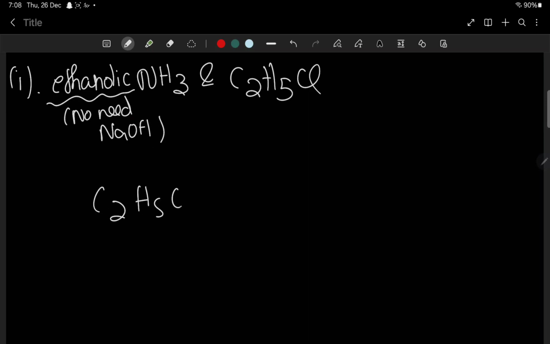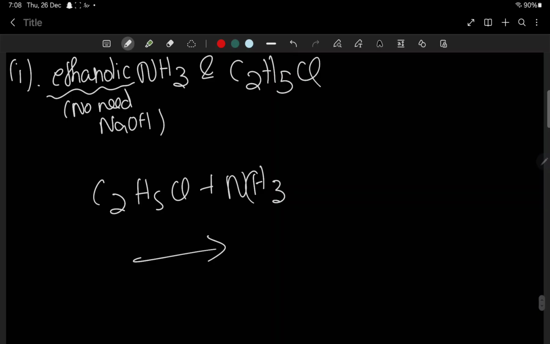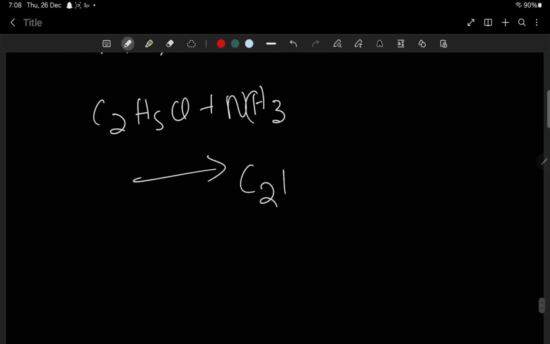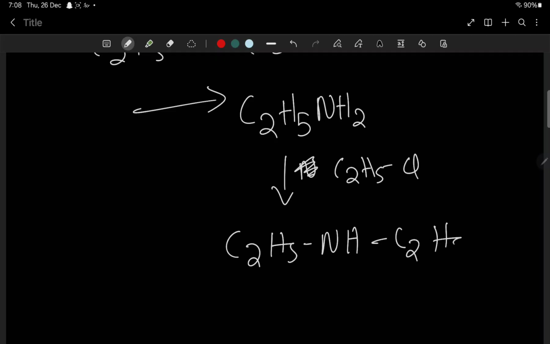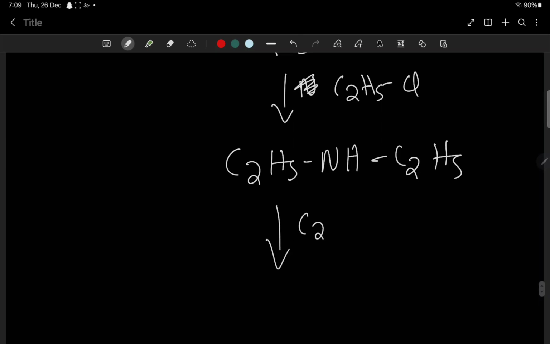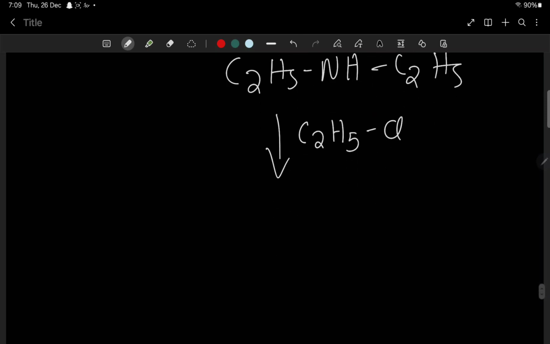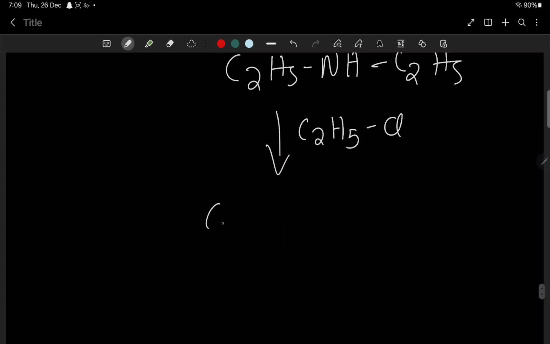So C2H5Cl plus NH3, ethanolic. What happens? First step, it will be converted, we'll directly write it, to C2H5NH2. No need to write the steps separately. Now once again we are adding C2H5Cl. It is converted to the secondary amine, (C2H5)2NH. Now once again we add C2H5Cl, and it converts to the tertiary amine, (C2H5)3N.